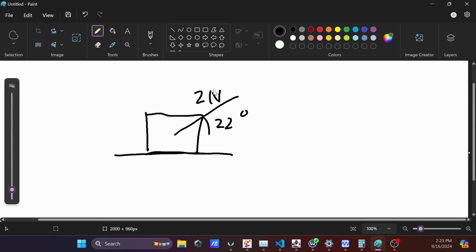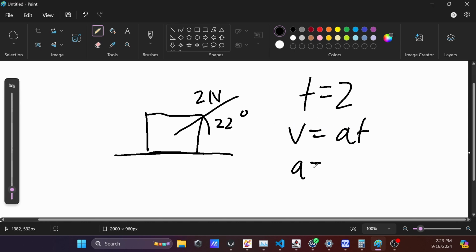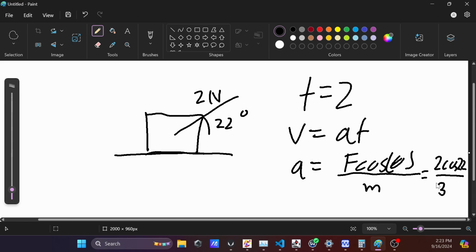So obviously our block isn't going to be flying. v is equal to a t, where a is equal to F cosine theta over m. So that's 2 cosine 22 over 3, so 2/3 cosine 22.